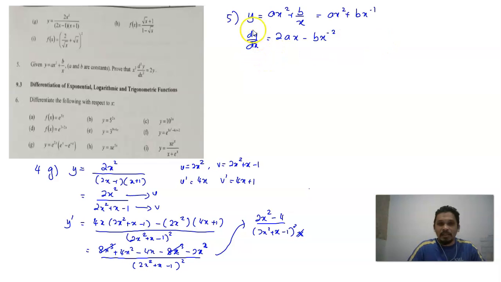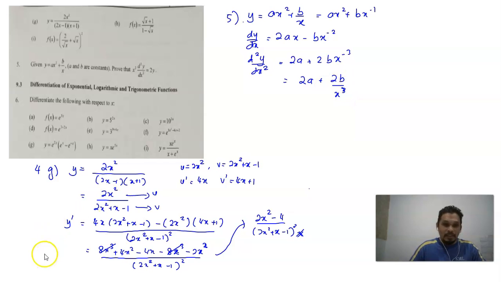Next, differentiate dy/dx again to get the second derivative of y with respect to x. Again, differentiate: 2a, then negative 2 times negative b gives positive 2bx to the power of negative 3. And then the second derivative is 2a plus 2b divided by x cubed.